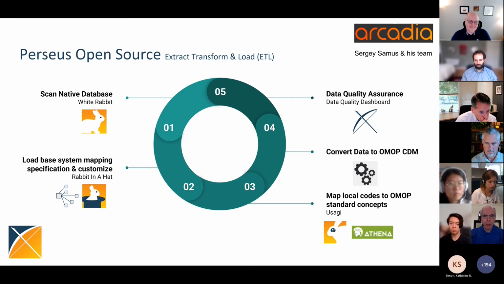I won't go into the details, but I just wanted to show how Perseus is incorporating a lot of the existing open source Odyssey toolset and putting a nice front end on it, making it much easier to use, and packaging all that up. I just wanted to give a shout out to Sergey Samus and his team at Arcadia. They've done a really good job of integrating all these different tools into one new application. Next slide.